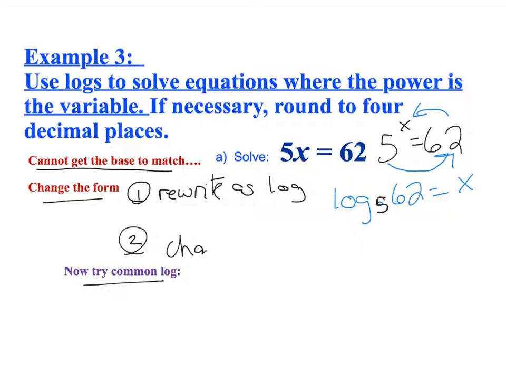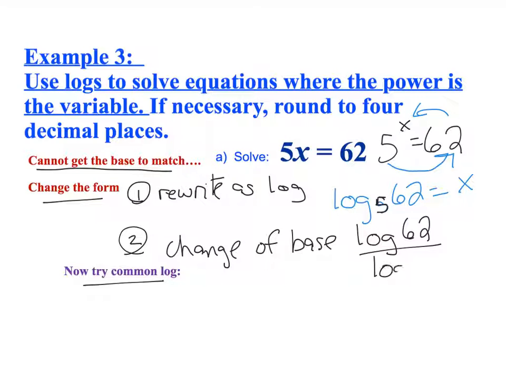So now I want to use the change of base formula that we just learned, and I want to write this as log base 10 of 62 over log base 10 of 5, but remember we don't have to write the base 10. And that equals x.